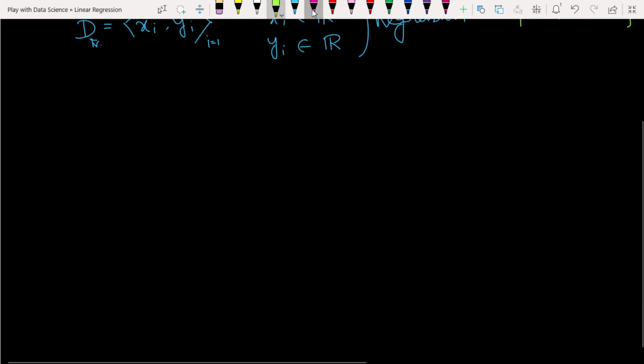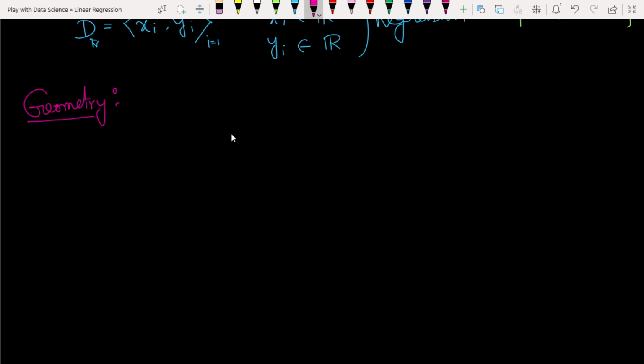Now let's go to the geometric intuition of linear regression. To get to the geometric intuition, let's play with an example. Our main objective in this example is to predict the height. We all know that height is a real number.